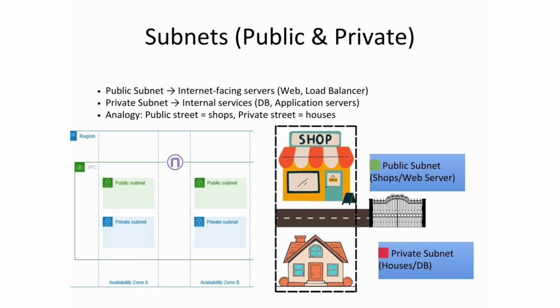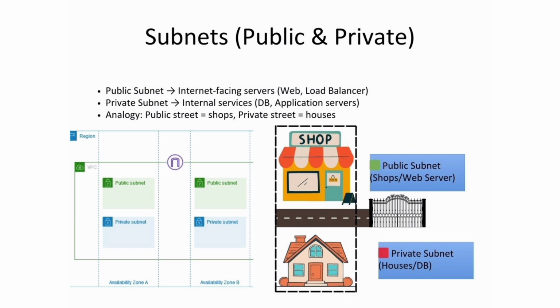That means you will keep those things as data in a database server in a private subnet. If you want to keep things safe and secure, you will keep them in a private subnet, while if you want outsiders to access your website, or if you have a video streaming platform, you will keep those things in a public subnet with internet access.